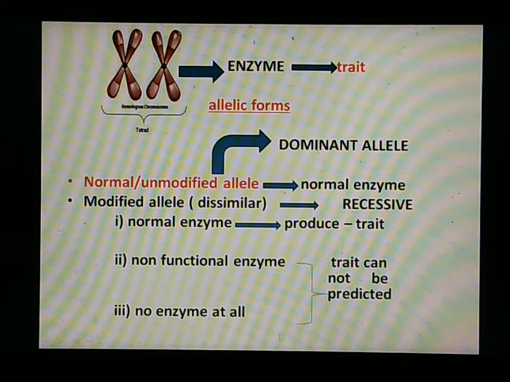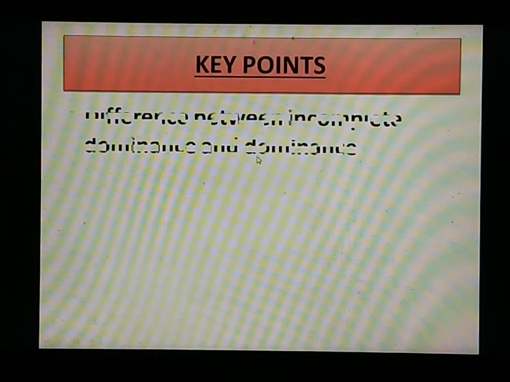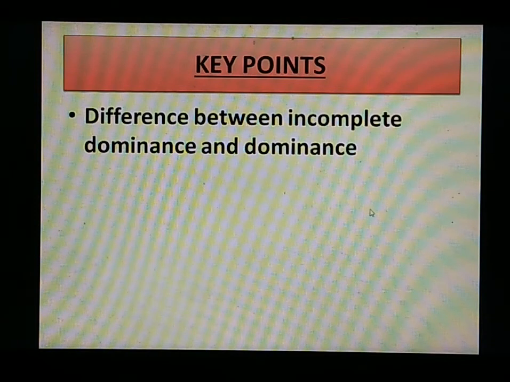So the phenotype will only depend on the functioning of the unmodified allele here. The unmodified allele is the functioning allele, which can function properly and represents the original phenotype, so it is called the dominant one. Whereas the modified allele due to mutation is called recessive, just because we are not able to predict that phenotype in the individual. The key point we should remember here is the difference between incomplete dominance and dominance.